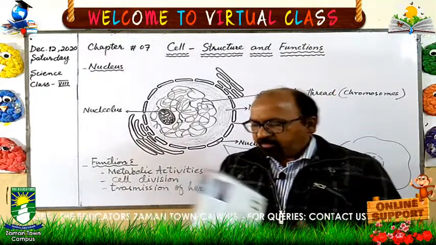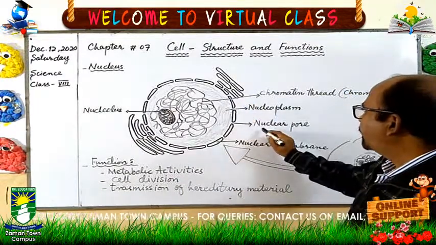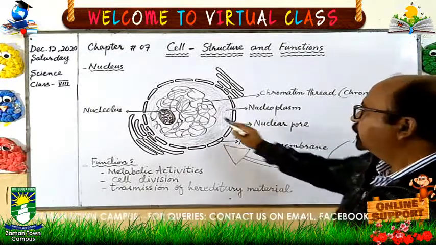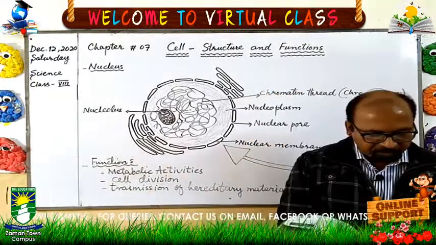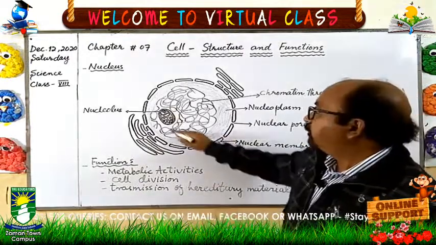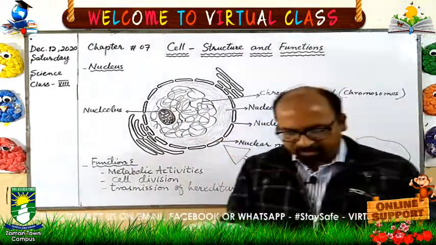The nucleus consists of nucleoplasm, nuclear pores, nuclear membrane, chromatin threads, and nucleolus. The fluid which is present inside the nucleus is called nucleoplasm.